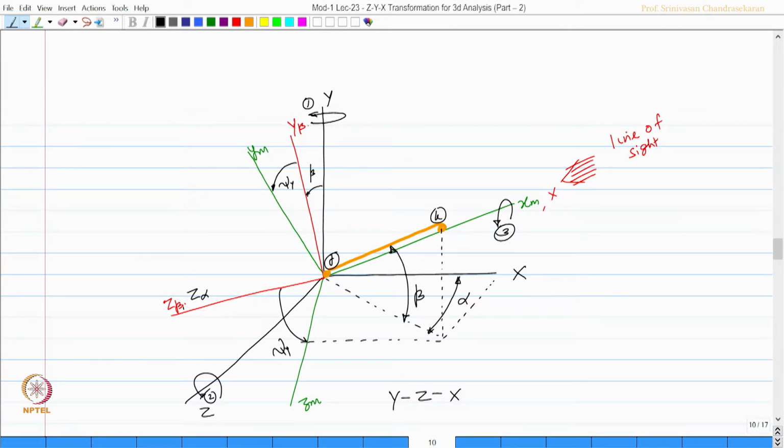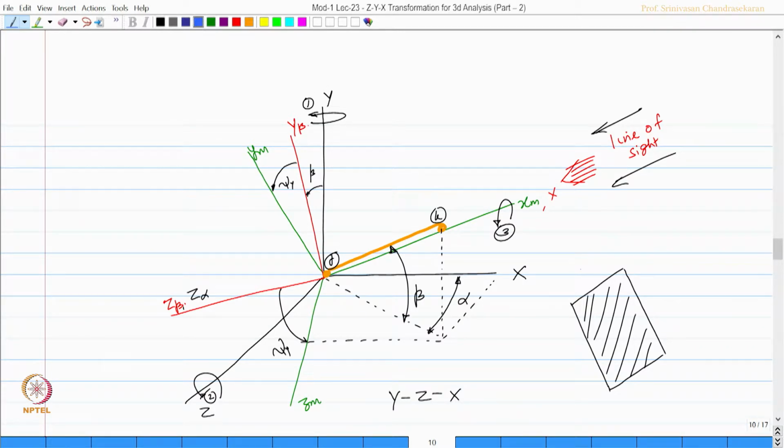Now, if you try to draw a rectangular cross section of this member, seeing from the line of sight here, let me draw the axis.